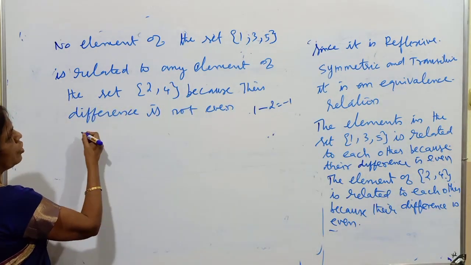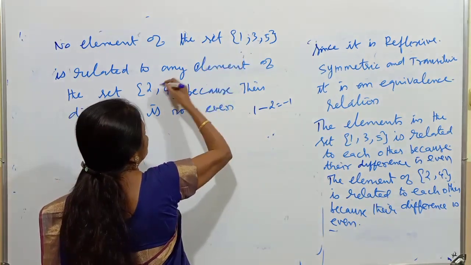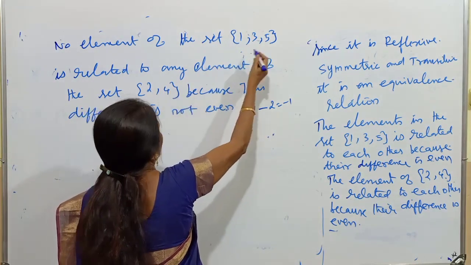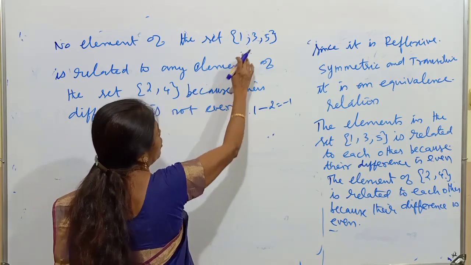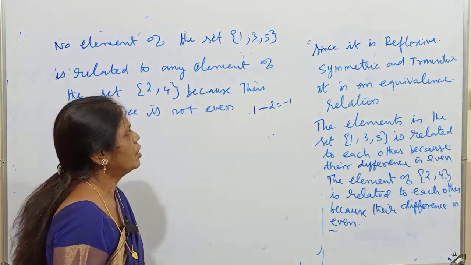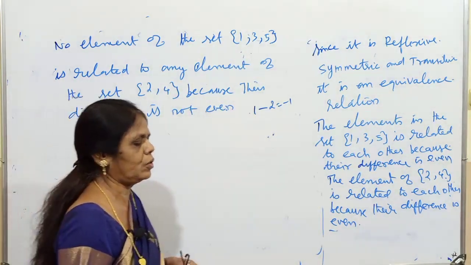So 1 minus 2, 3 minus 4, 5 minus 2, 5 minus 4, anything, the difference will be odd, it is not even. Therefore they are not related to each other.